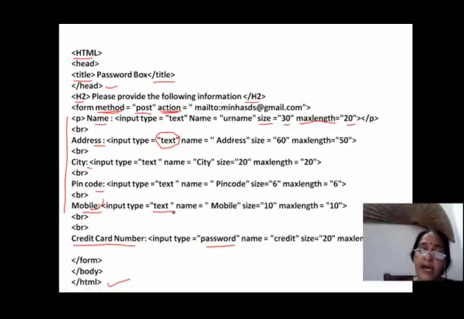If you apply a field text, whatever number the person types will appear on the screen. But here I don't want the credit card number to be seen by all. So we will change the input type from text to password. The size is the same, the length is the same.